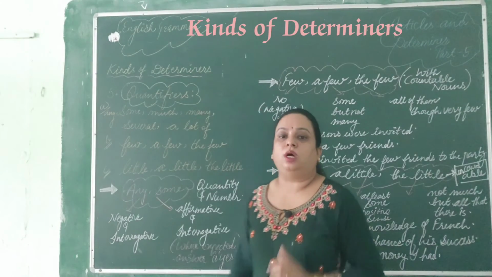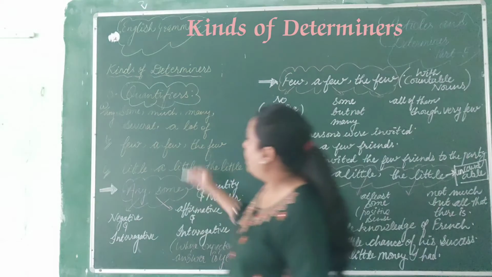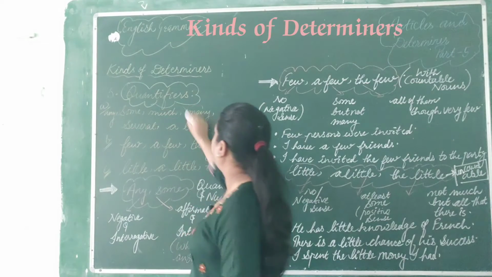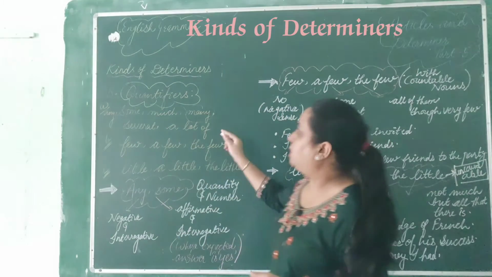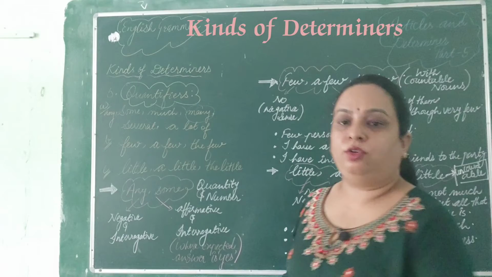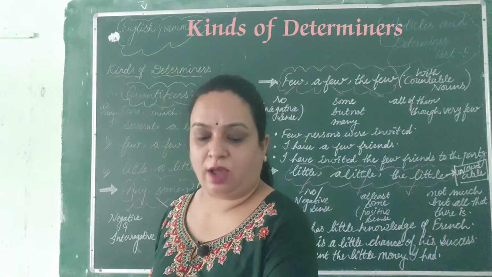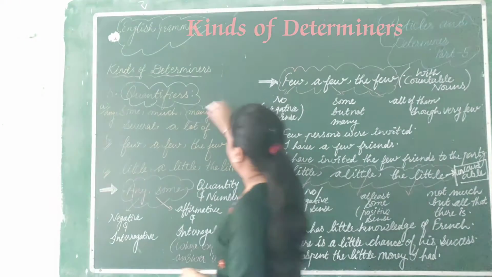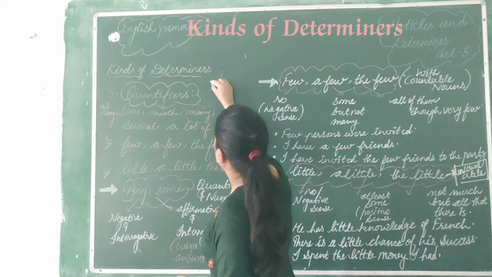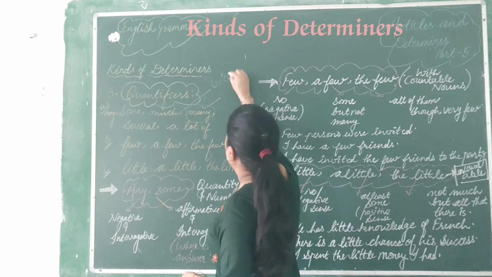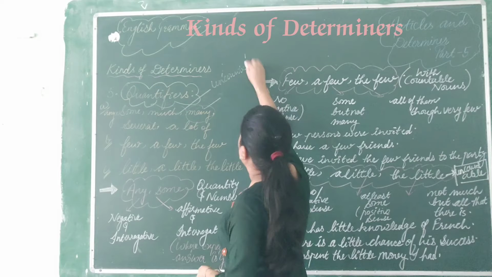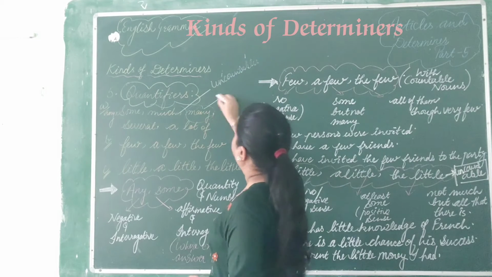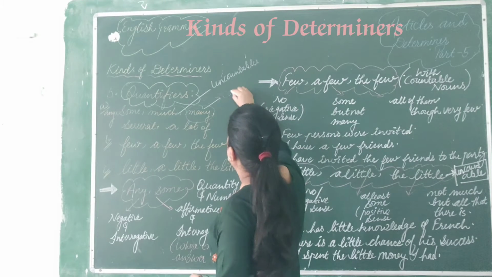And now we have to understand this much and more. I have not written any example here, but I will tell you orally. So much you have to use with uncountables, and many you have to use with countables.